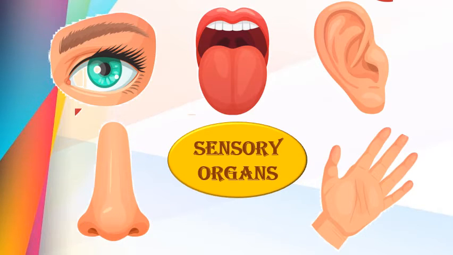These 5 organs are called sensory organs because they make us aware about our surroundings, isn't it? They give the information of surrounding to the brain. Got this, students? These all are external organs, correct?